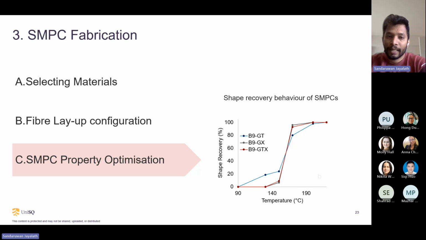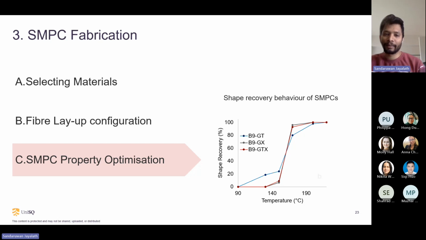So as you can see here is the shape recovery behavior of the shape memory polymer composite with different fiber layer configurations. I will simply explain. B9 GT: B9 means the bisphenol to cyanide, sorry, polyethylene glycol ratio, G means the graphene nanoplatelets are there, and T and X and TX are the configurations.